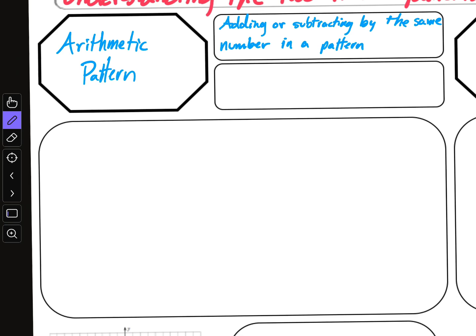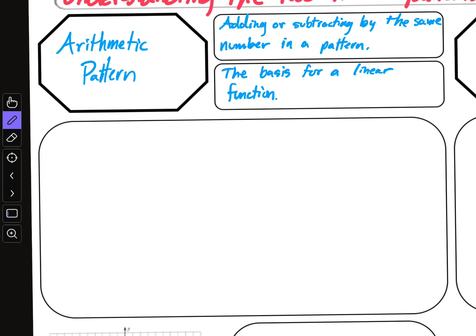And we haven't really talked about this, but because we're doing these notes today, okay, the arithmetic pattern is really the basis for a linear function. Okay, now that word linear should be one that you've heard before, okay? So it's the basis for a linear function.